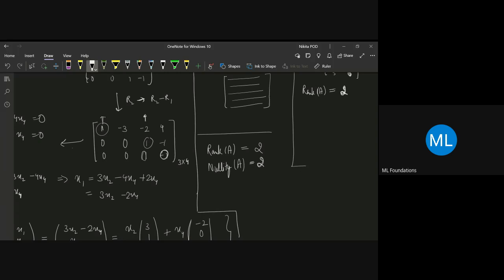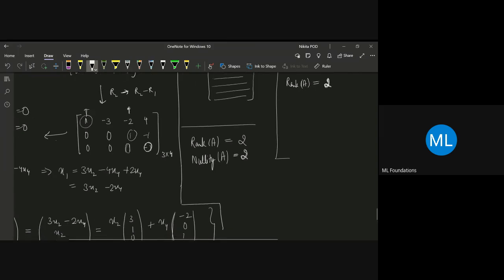So when you convert it to the echelon form, let's say a matrix A is converted to U. With respect to columns, the columns which are pivot columns are independent.